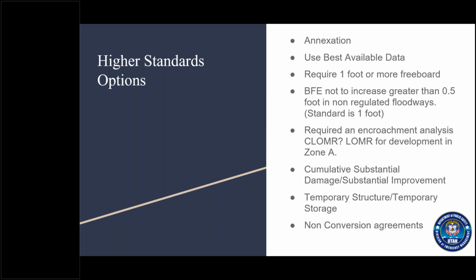So if you put a cumulative statement in as a higher standard in your floodplain regulations and put a time frame on there, then it is possible that cumulatively you could have those people be building up to the new floodplain regulations.